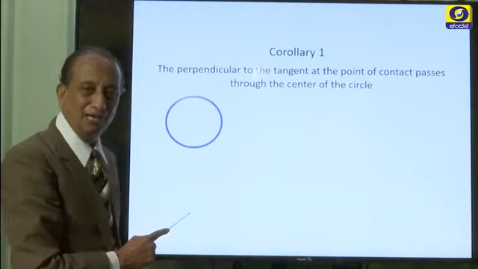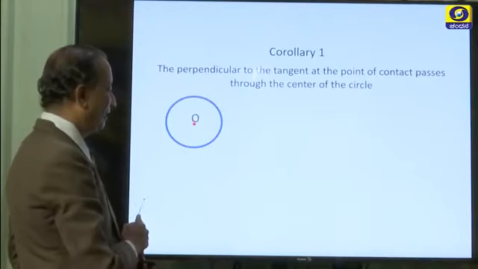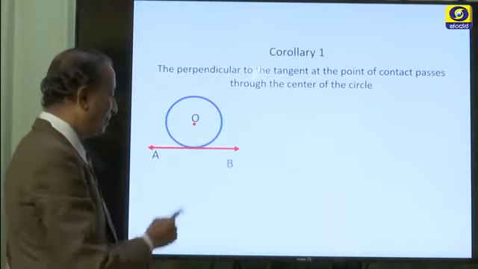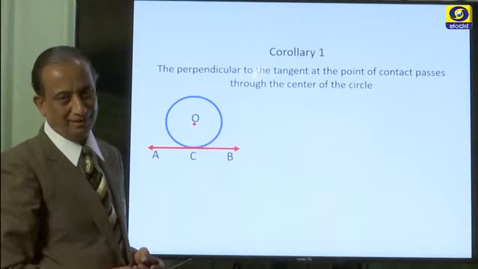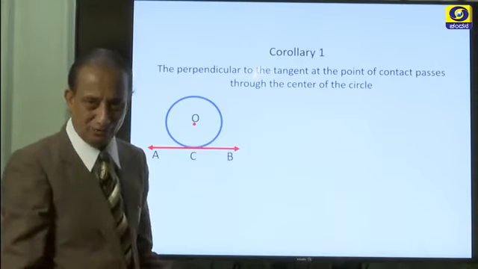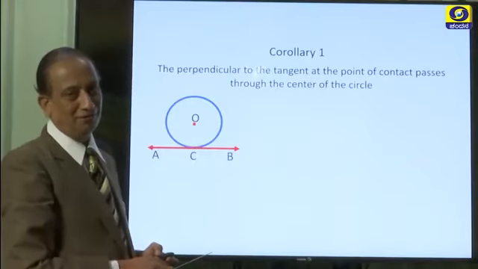I think this figure will help us to understand this. Here is a circle, this is the center, let us call it O. Here is a tangent, call it AB, and this is the point of contact. Now with the help of a compass or protractor, whatever it may be, you draw a perpendicular at this point of contact.